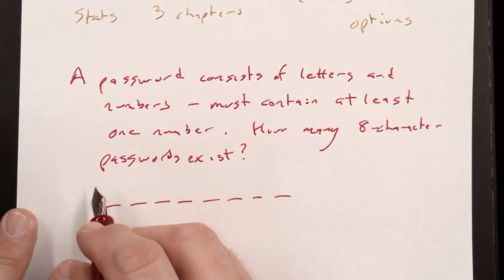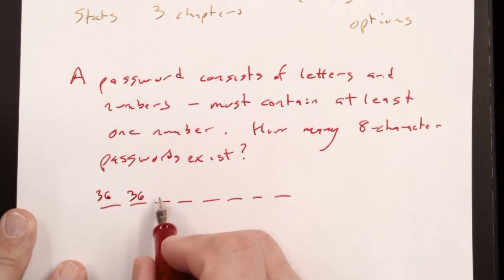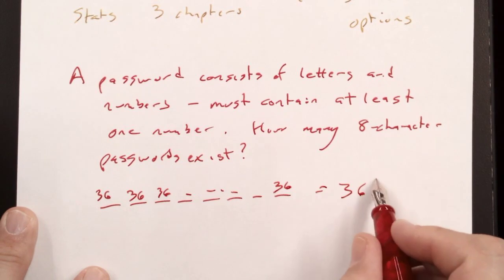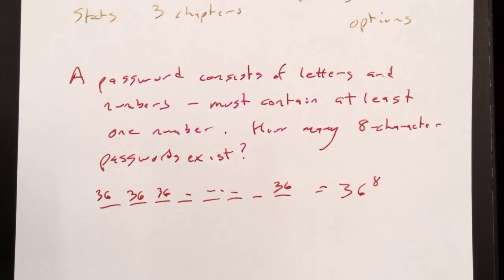Because there would be 36 options for each of these. That's a big number. I don't know what it is off the top of my head. But this will include passwords I'm not allowed to use. What should I do with those things when I count them?